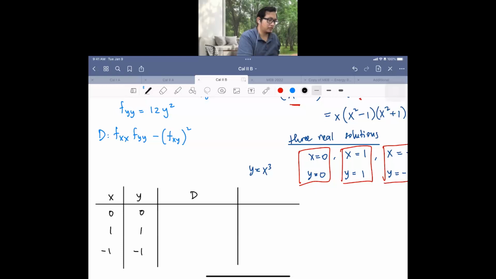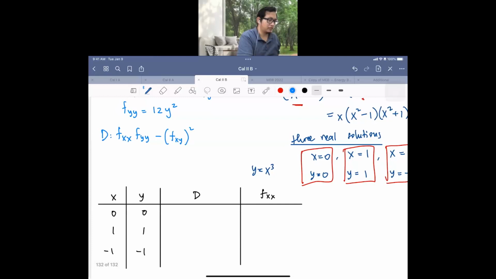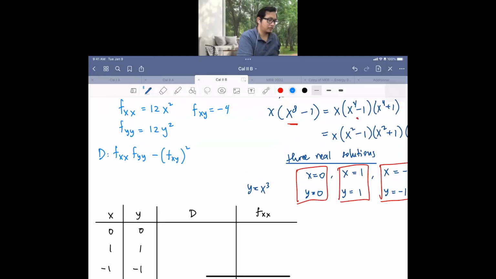So this will be D, this will be F, xi. So we start with 0, 0. This will be 12x squared, 12y squared, and minus, sorry, xy.